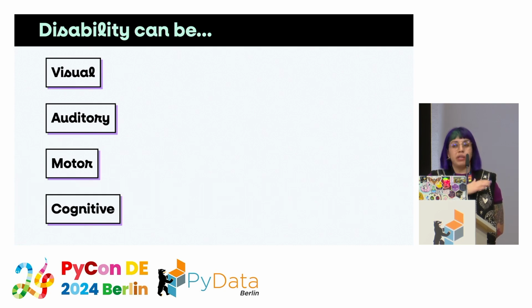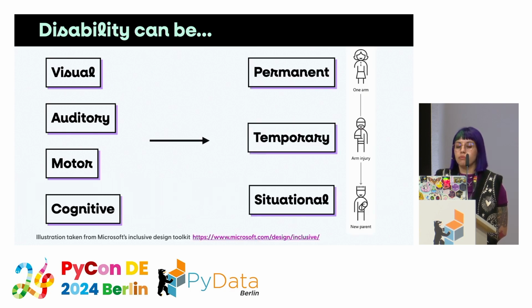Now, again, there are many, many different types of disability. Disability can range from visual to auditory, motor, or cognitive. And that can really impact the level of access or interactions an individual can have. But also, disabilities can be permanent or temporary or situational. There are situations in which an individual will have an impairment for life.